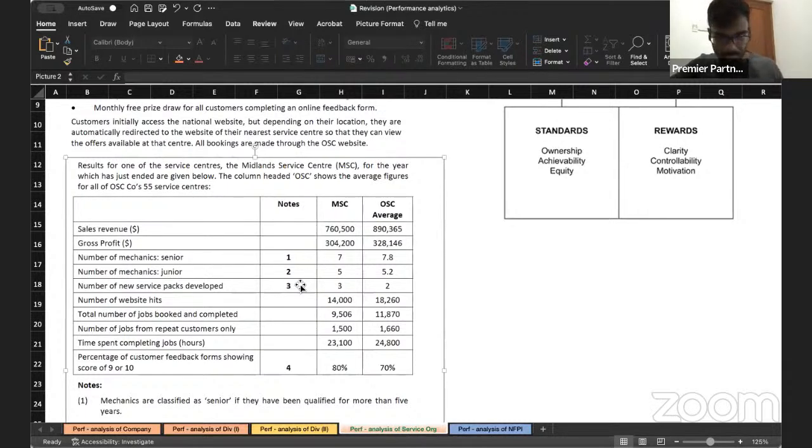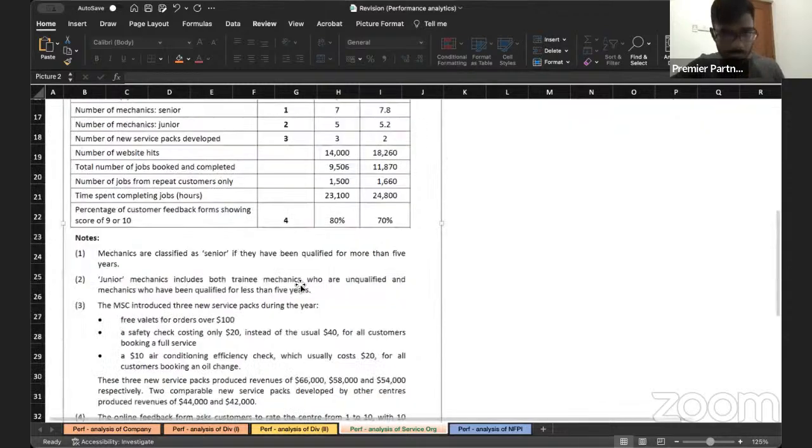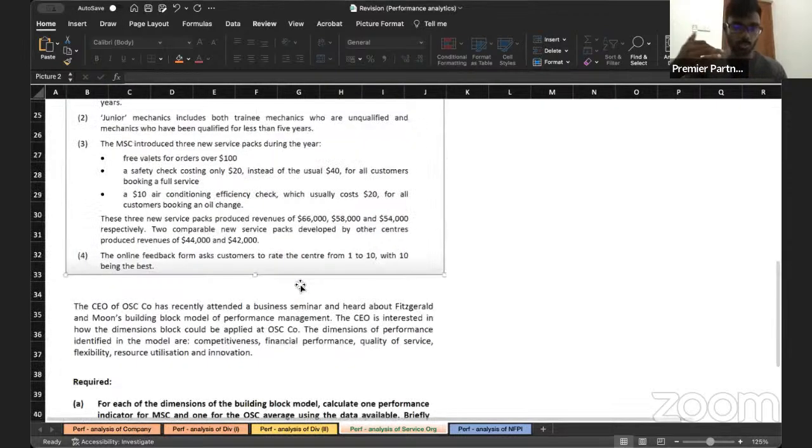Because ACCA, unlike your degree and other academic papers, is professional, meaning practical. You can come up with practical answers. What they test is your practicality, not theory.